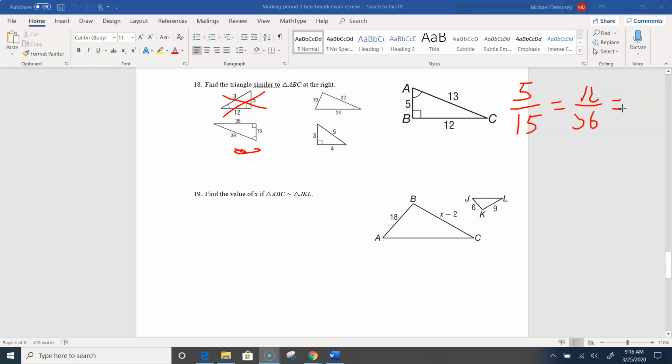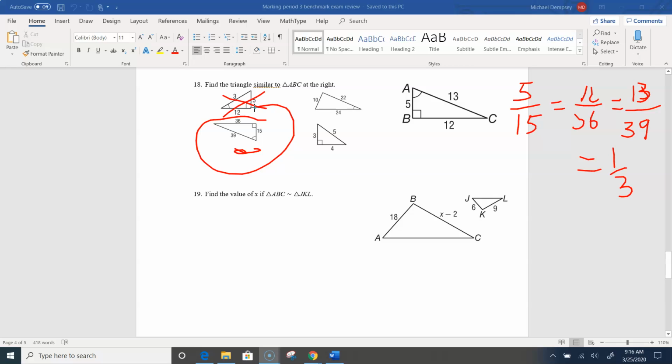And then finally 13, the biggest side in my original triangle, over the biggest side, 39, in the other triangle. You can see all three of these fractions are equal. They all equal 1/3. So that's definitely my similar triangle. The reason is there would be angle-angle, but the sides are all proportional as well.